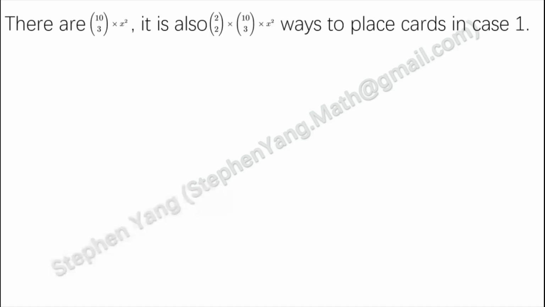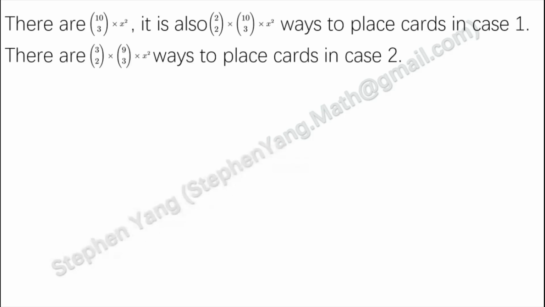So there are 10 choose 3 times x squared, and it is also 2 choose 2 times 10 choose 3 times x squared ways to place card in case 1. And there are 3 choose 2 times 9 choose 3 times x squared ways to place card in case 2.